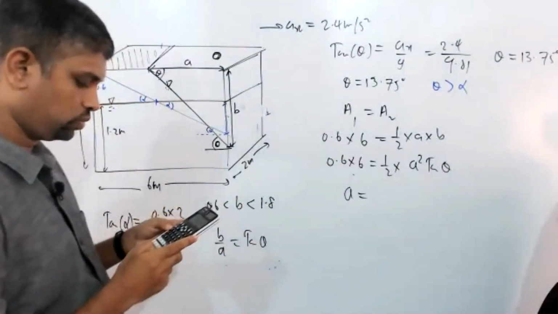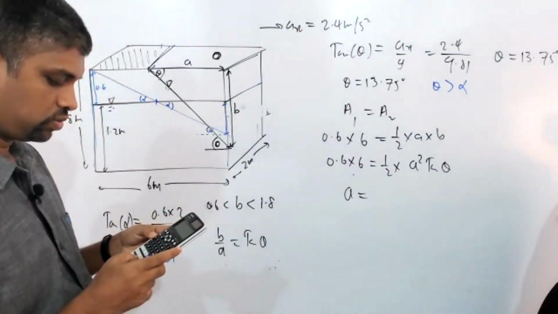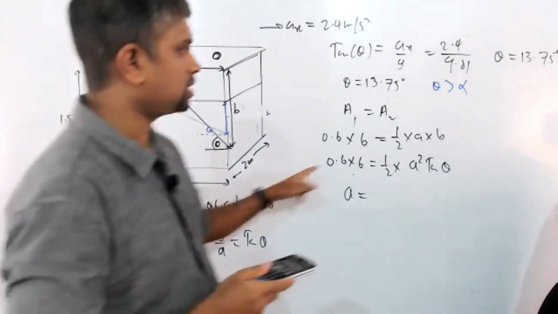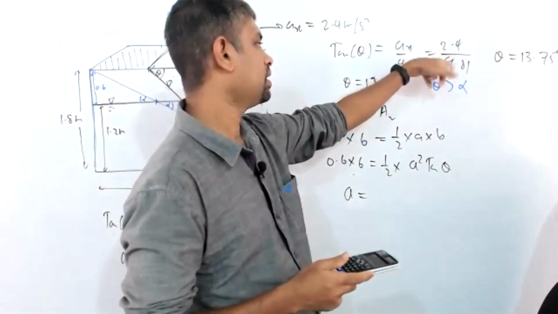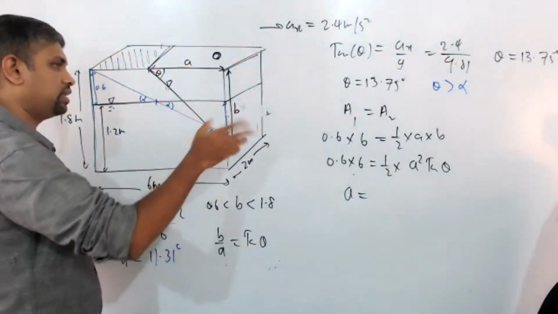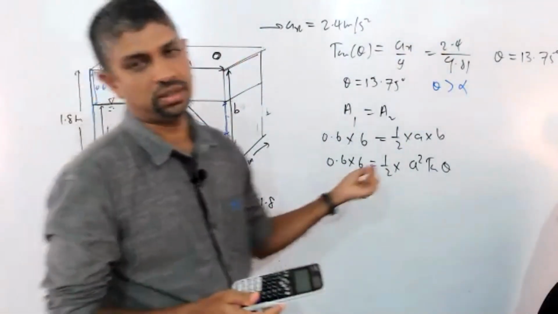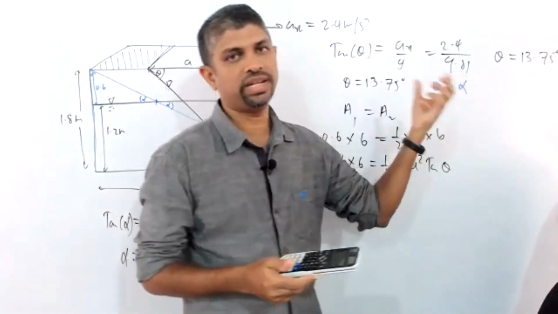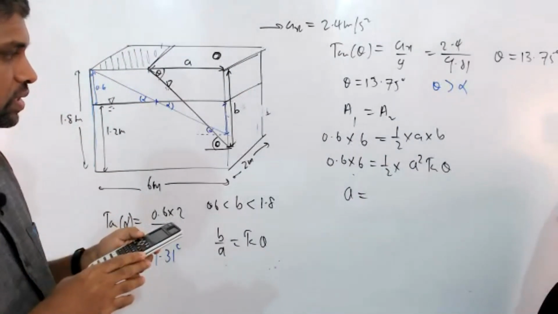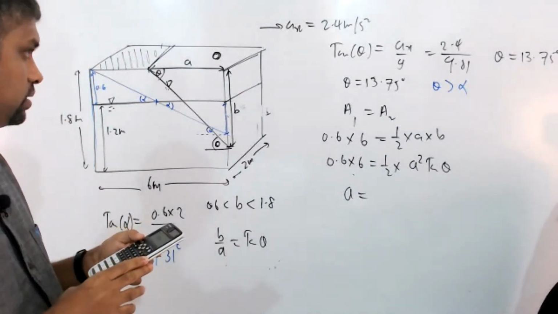Into 2, so 0.6 into 6 into 2 divided by tan theta. Instead of comparing theta, you can compare tan thetas. Practically we can do that. Divided by tan theta.